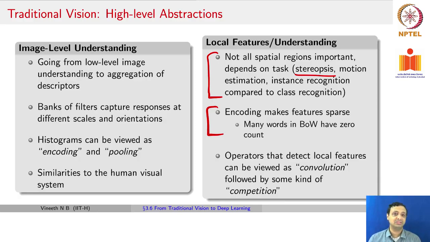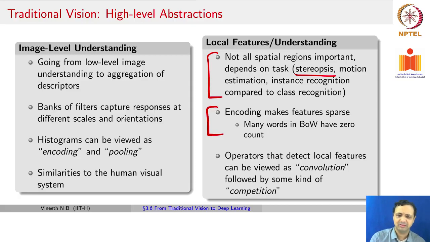The remaining 7 cluster centers had no occurrence in that particular image, which means your image would have a histogram where for 3 of those bins you would have some frequency counts, but the rest of the 7 bins will have a 0 count. That leads to a sparse representation where there are lots of zeros for that particular image. So encoding can result in that kind of a representation for an image.